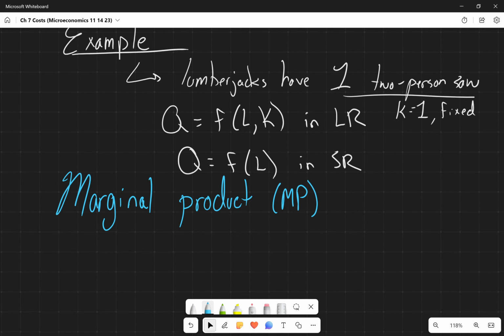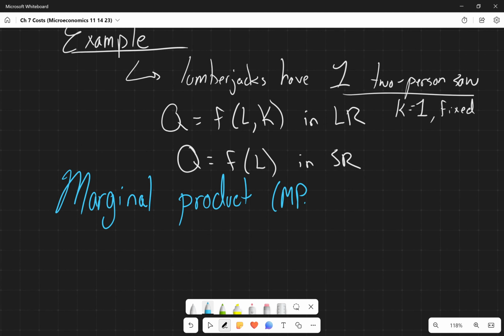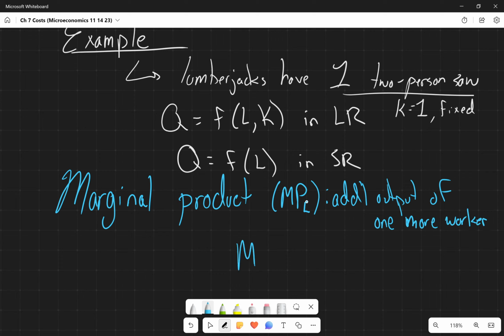The marginal product, and this is specifically a marginal product of labor, is the additional output of one more worker. So the marginal product is equal to the change in the total product divided by the change in the laborers.